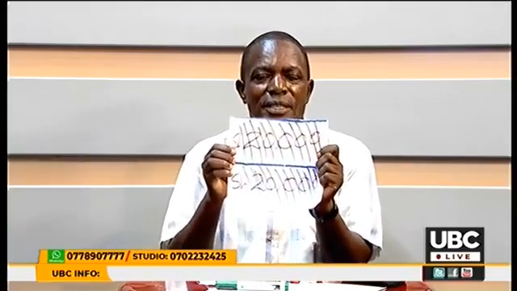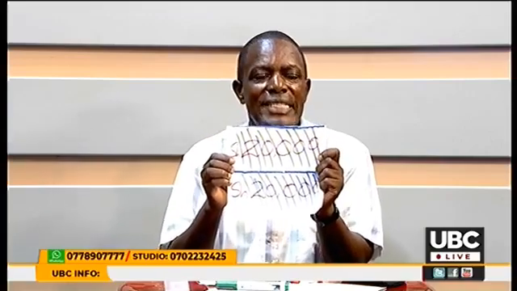So each part is 20,000 shillings. So this is the 40,000 John is talking about. Each part is 20,000 shillings.